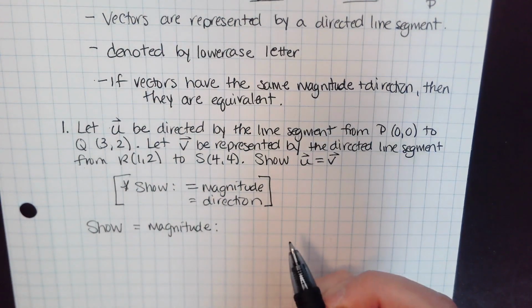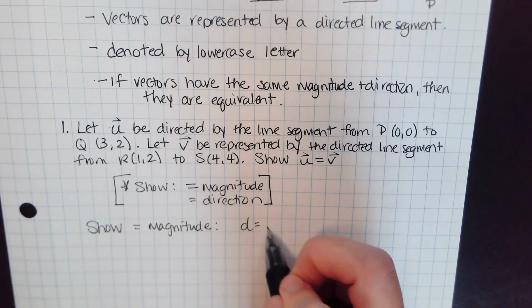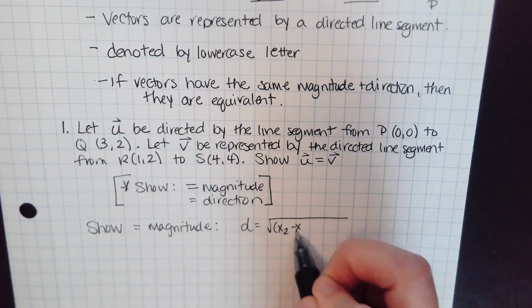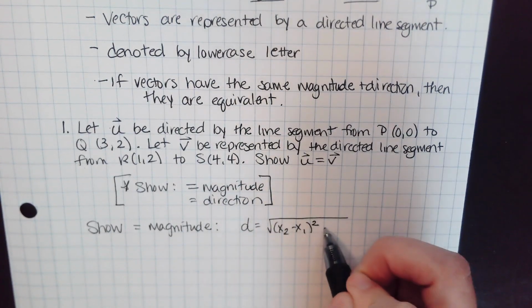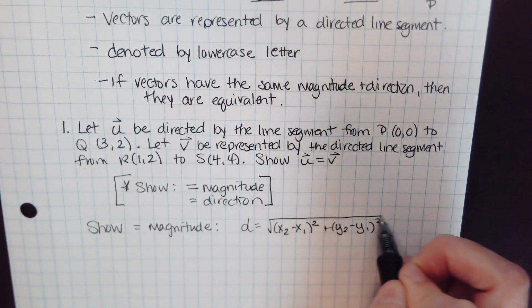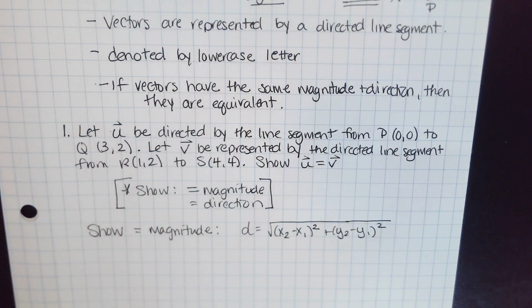Now magnitude, we said, is length, and we know from geometry we have our distance formula to show length. So D equals the square root of the quantity x sub 2 minus x sub 1 squared plus y sub 2 minus y sub 1 squared. So that's how we find distance. Again, magnitude just means that they have the same distance or the same length.